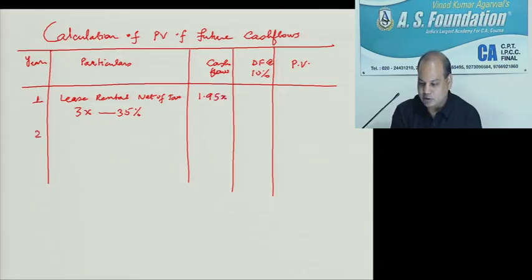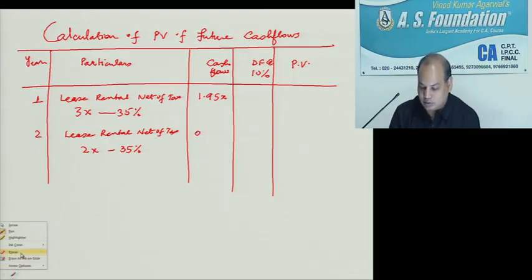That is 1.95x. Year 2 lease rental net of tax: 2x minus 35%, that is 1.3x.